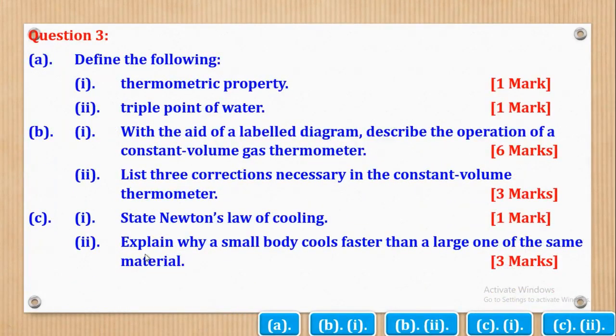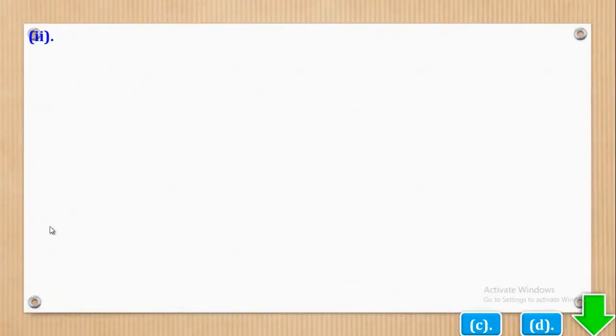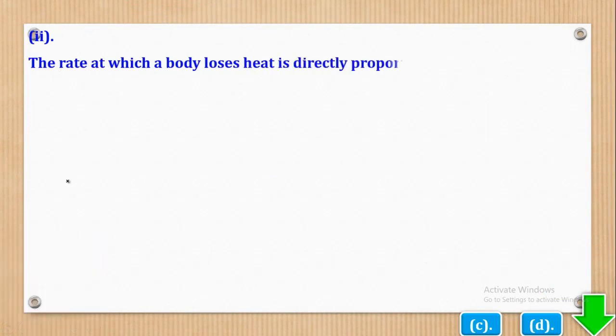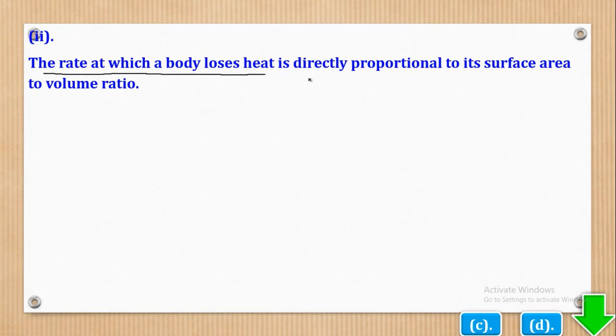Roman 2 says, explain why a small body cools faster than a large one of the same material. You have said that the rate at which a body loses heat is directly proportional to its surface area to volume ratio.